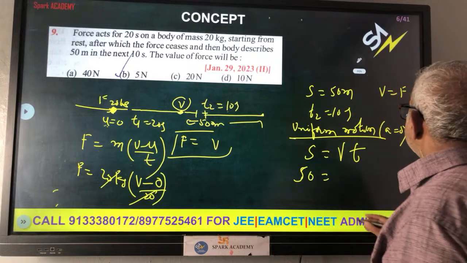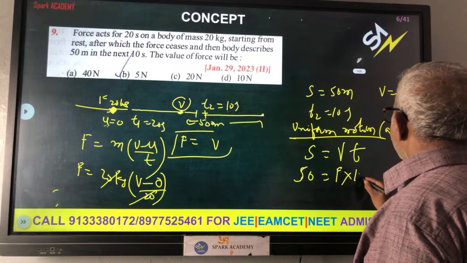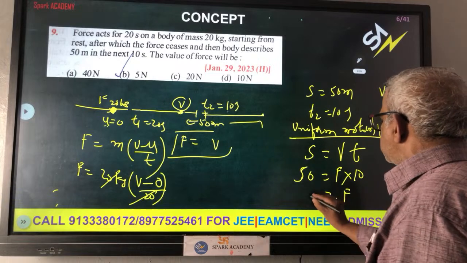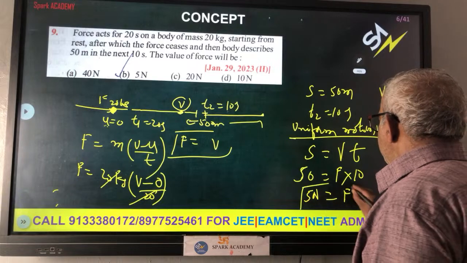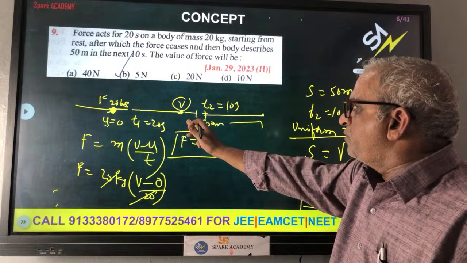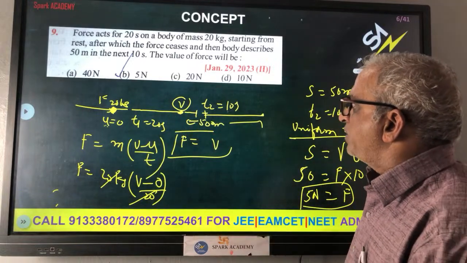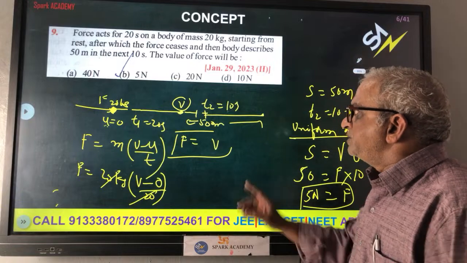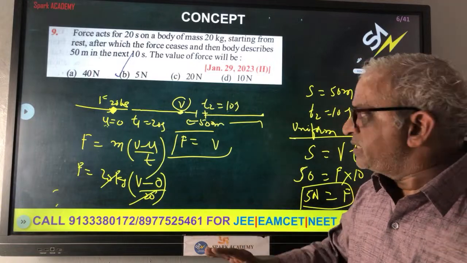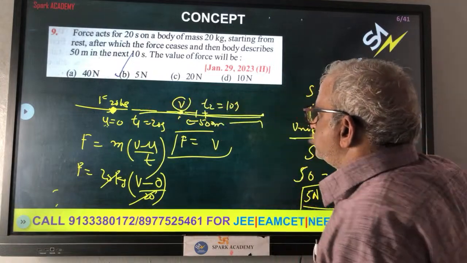S is equal to 50, v is equal to F. Time is 10 seconds. So this problem is a part non-uniform motion and a part uniform motion. Calculate using both, and the answer will come. This is another good problem, friends. Right, now, next question.